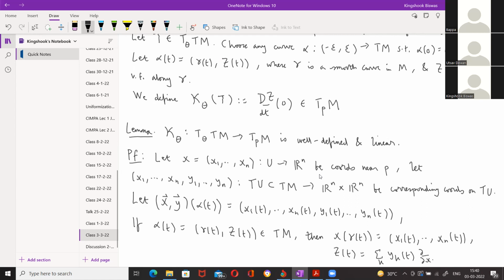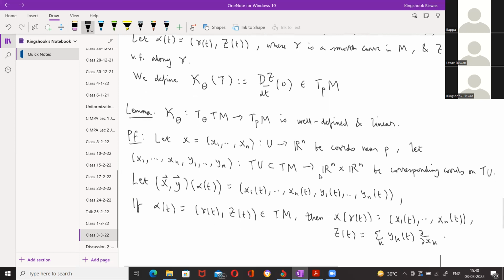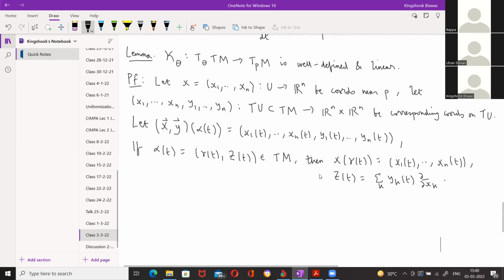This is how the coordinates yk are defined. Okay, so up to here is all right? Yes?